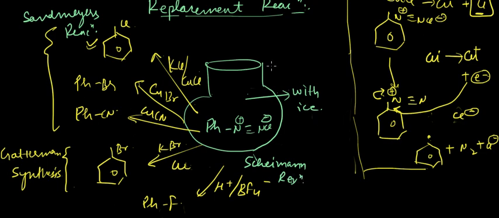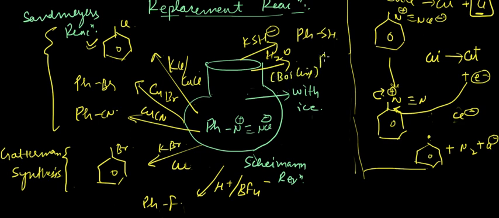Next, if we have KSH, then we would have PhSH. If we have hot boiling water, then we will have phenol. And if we have H3PO2, then we would have benzene.